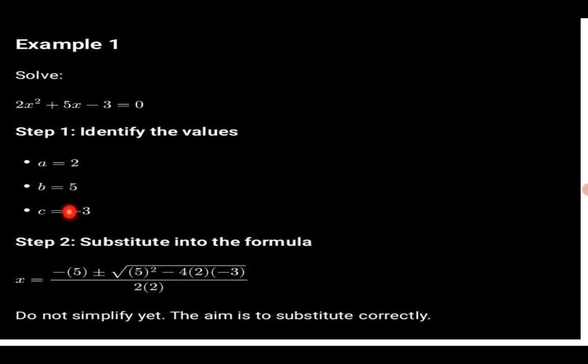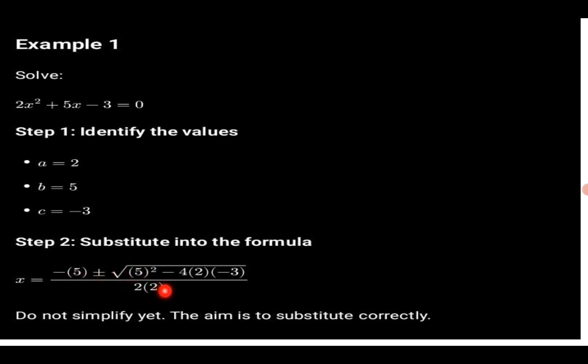So b is 5, so x is equal to minus 5, so this is b, plus or minus root of, we have b squared, you square b here, then minus 4 times the value of a, which is 2, and then times c. So make sure the c is put in brackets to avoid confusion with signs.